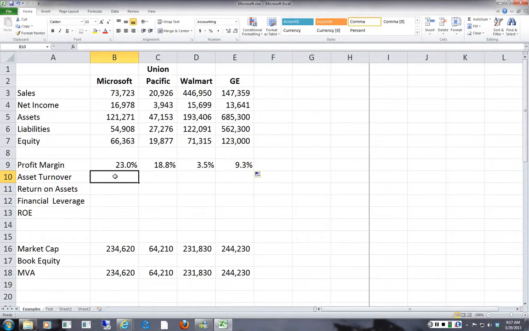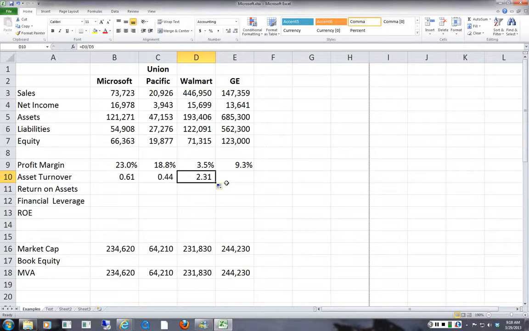Now, asset turnover is the next one we're going to take. Asset turnover is sales divided by assets. So it's 0.61 for Microsoft, 0.44 for Union Pacific, 2.31 for Walmart.